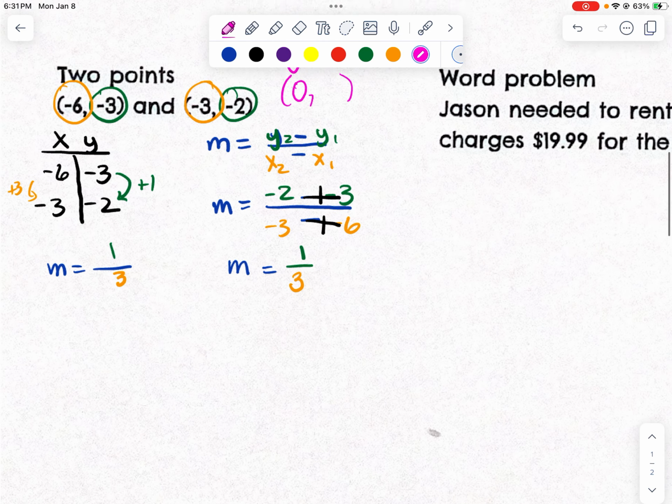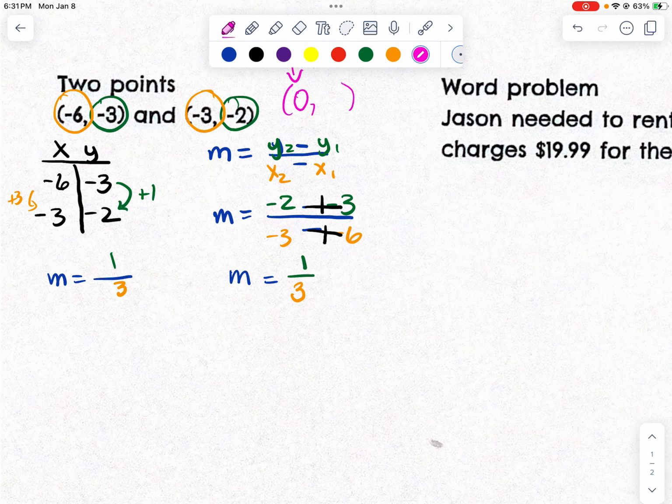Now I don't care which point you use. Here, let me pick -6, -3. This is my y value. This is my x value. And then my slope is 1/3.